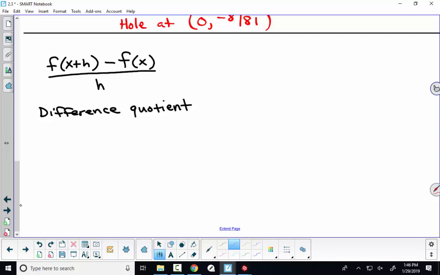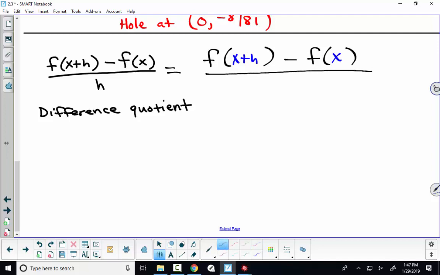Notice up top we have y values, the difference of y values over the difference in x values. We don't see that explicitly, but if we write it as f of x plus h minus f of x, all over x plus h minus x, that's what we started with.